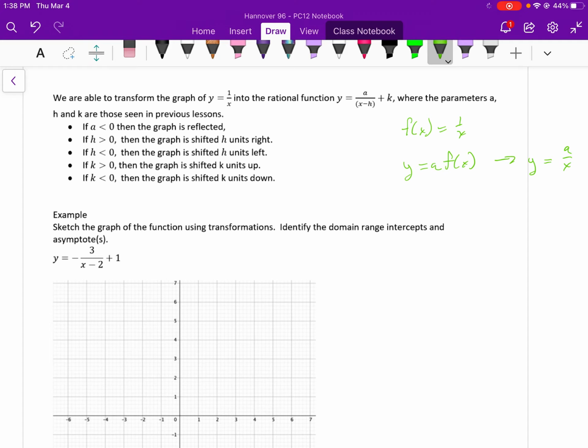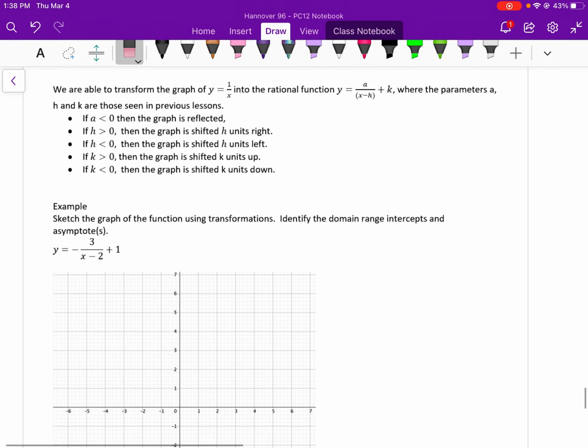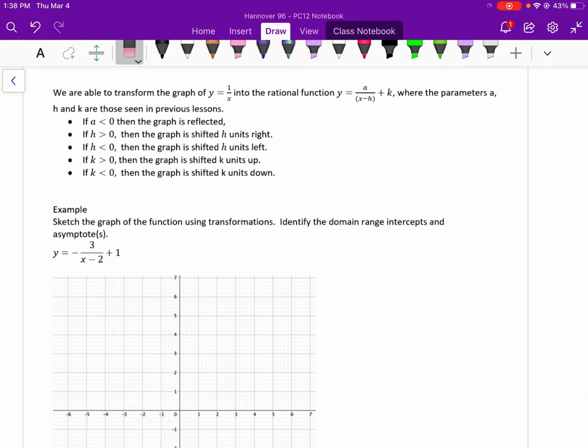This a is a stretch by a factor of a. It's vertically stretching. Do we ever horizontally stretch a rational function? No, don't worry about it. It's all good. Later on, I can perhaps show you how we're going to graph this.